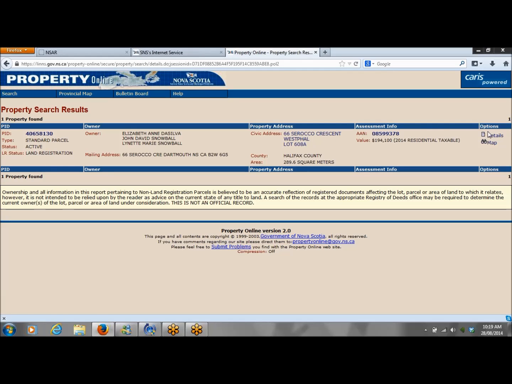So we see over here the details and the map. We're going to go into details first. Of course, obviously we see that it's land registered. That's the first thing you're looking for. We're looking to see the names on title. We're also checking the correct spelling of the streets and all that sort of stuff. I had a deal a little while ago.